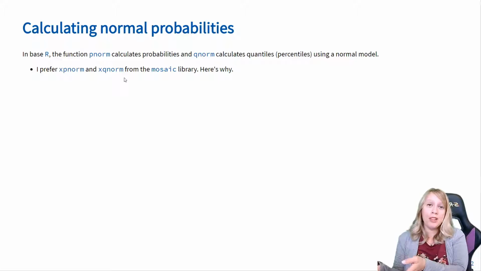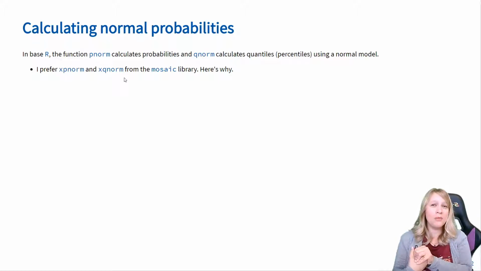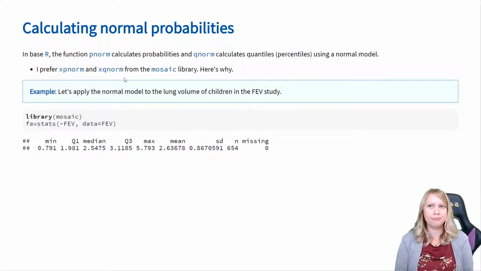Now, we like to use additional libraries in R because they make life a little bit easier. The ones that I like to use a lot when I'm working with normal variables are called xpnorm and xqnorm. These come to us from the mosaic library. That x means that there's a little something extra to these functions, and let's see what the extra is.